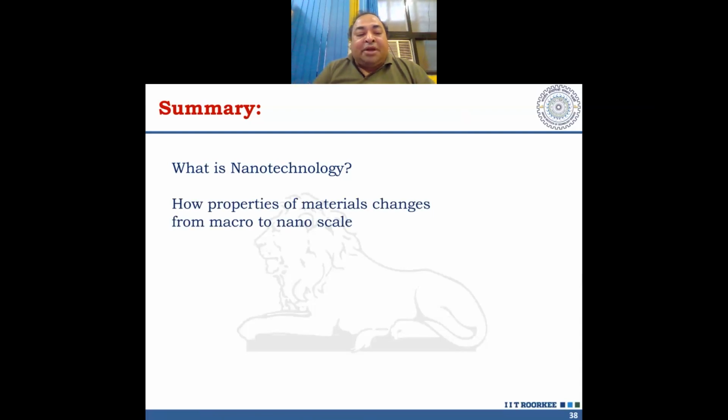How the properties of material change from macro to nanoscale. Also, this change gives rise to some unique properties, and those unique properties solve a lot of problems and innovate a lot of technologies. That's what we get from the field of nanotechnology.